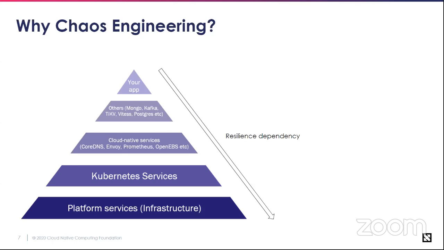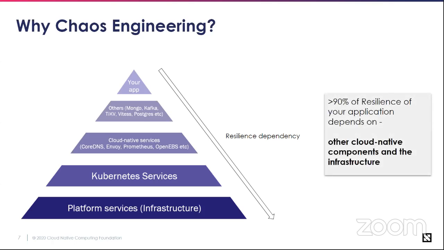And as you know, it's the world of Kubernetes, and we are all shifting to a microservices architecture, so there are a lot of Kubernetes services that you're using as well. So resiliency dependency moves from your application to the platform services, that is, the infrastructure layer. And greater than 90% of the resiliency depends on other cloud native components, as I mentioned.